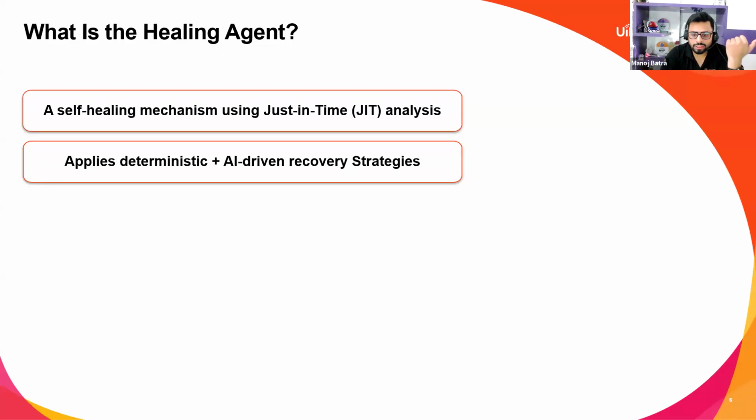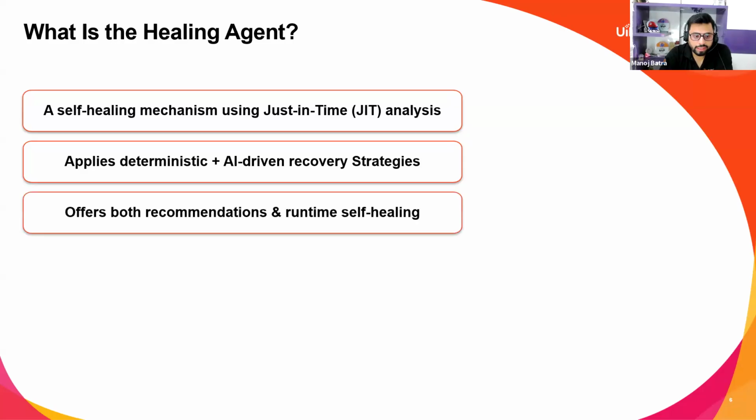It can also use semantic labels, which we will see in a demo, or it can use computer vision to predict the failure, or to see where the failure is and then fix it. Plus, it offers recommendations, plus runtime self-healing as well.